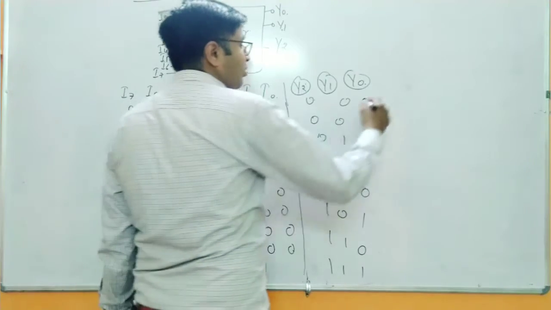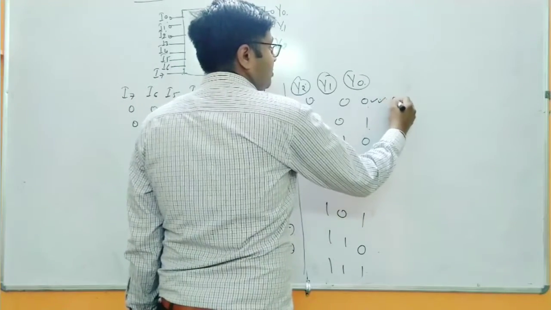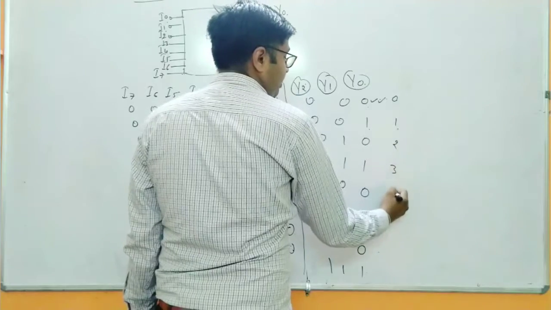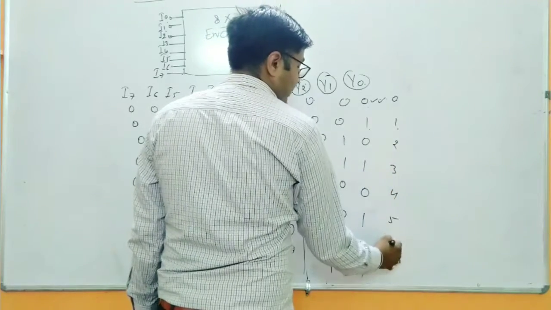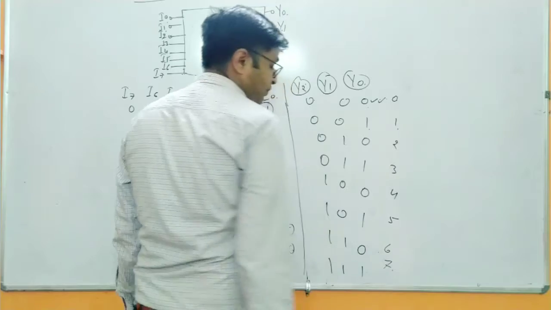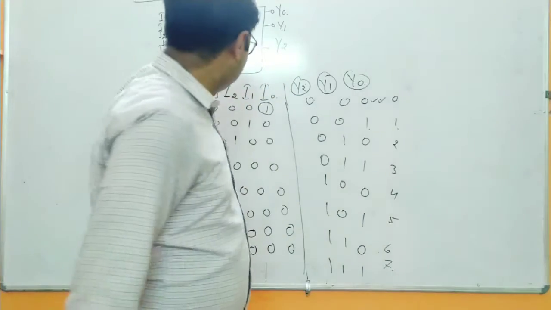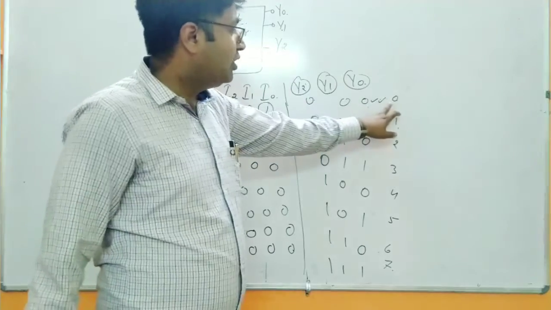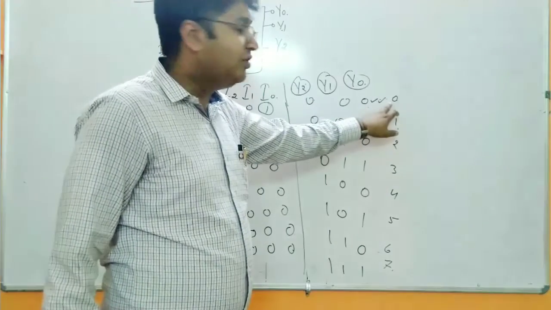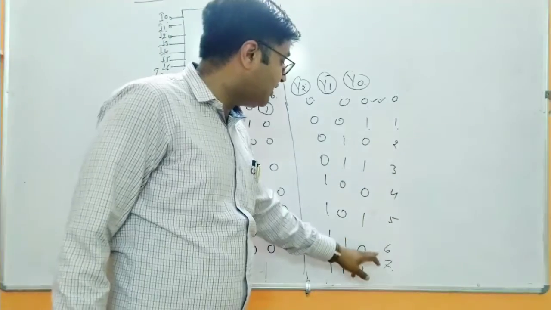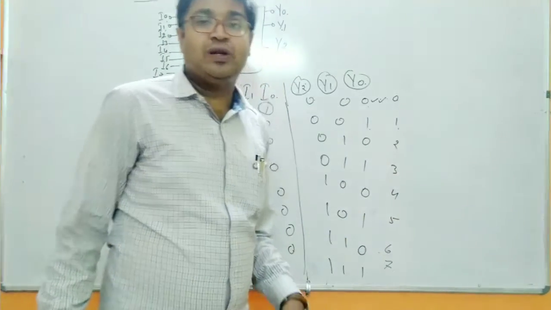In the normal octal number system, this is 0, this is 1, this is 2, 3, 4, 5, 6 and 7. So basically we are just converting the octal number to the corresponding binary number.